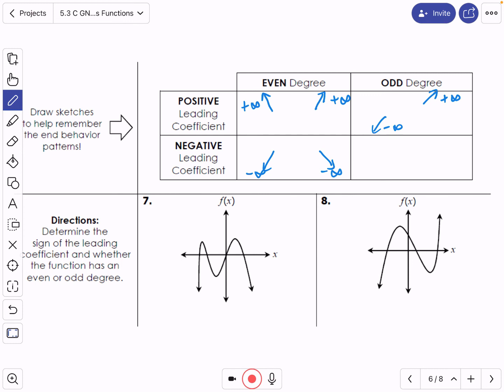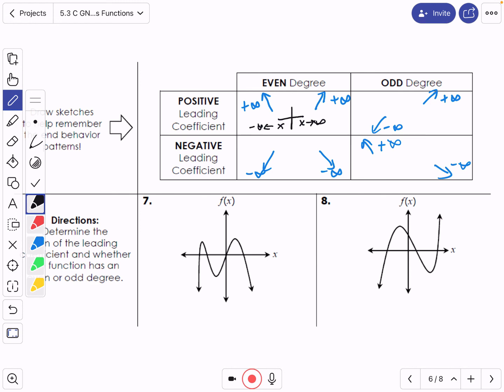And if we have an odd degree, negative leading coefficient, they are opposite, but they are also opposite of x. And just remember that we're talking about the axis here. So this is x going to positive infinity, and this is x going to minus infinity. So just remember that part.